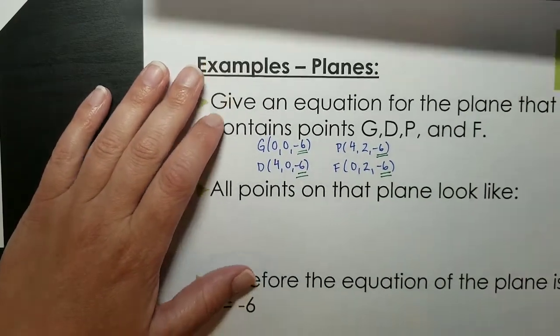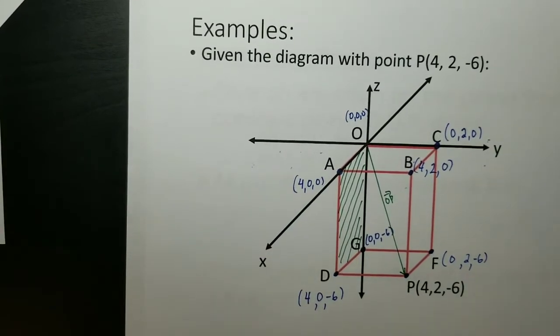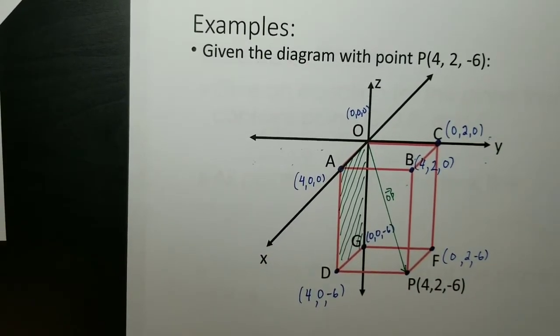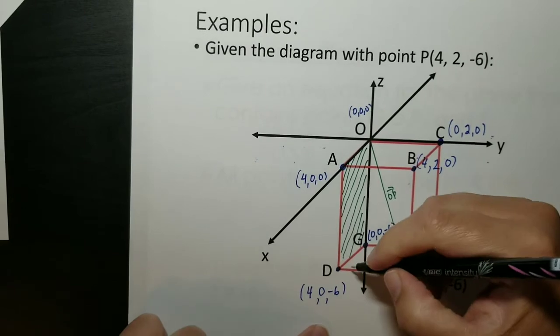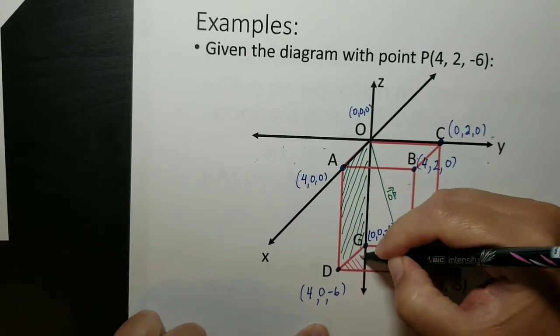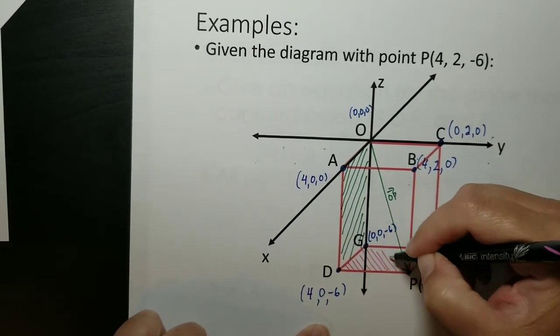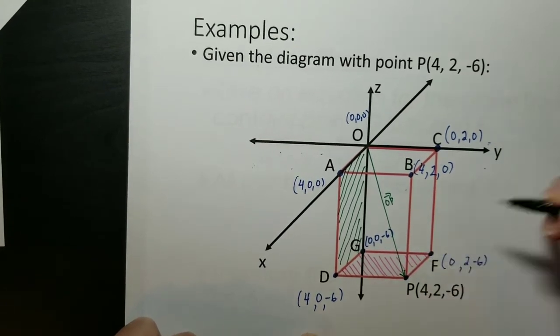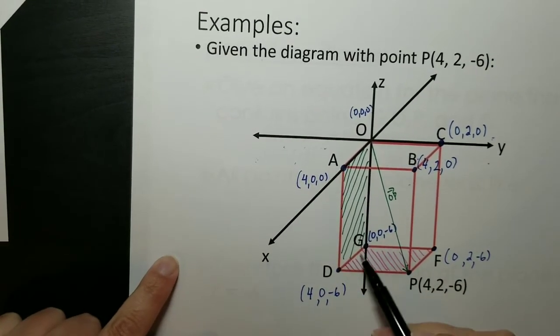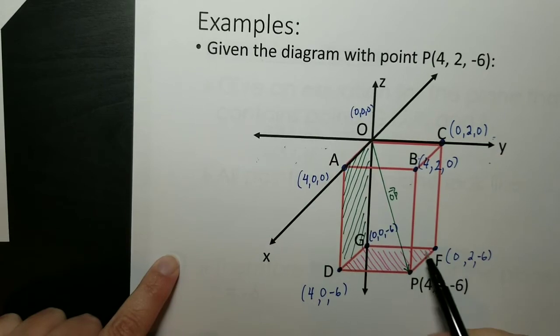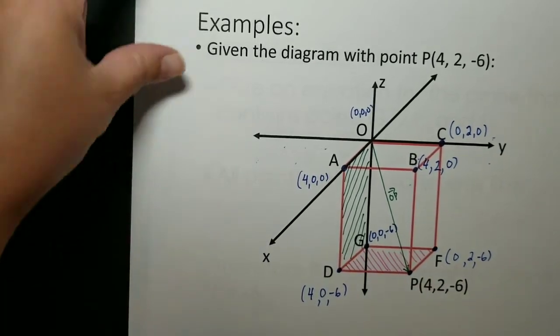So on our diagram here, let's maybe highlight this. So that would be this bottom face, the bottom side of that box. So the plane going through G, D, P, and F, this flat bottom of the box.